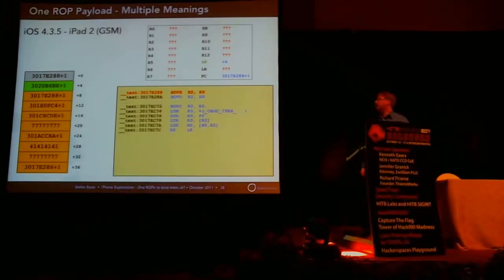Now, take one of the other iPad 2 versions, like this GSM version. Again, you can disassemble it, and you will see that this time it will jump into the 0 bytes of a Mach-O file header, an executable file header. So there will be a lot of 0 bytes. You see, IDA is disassembling this as move R0 to R0, which is basically a flag-changing NOP opcode. It's only changing the flags, but not doing anything else.